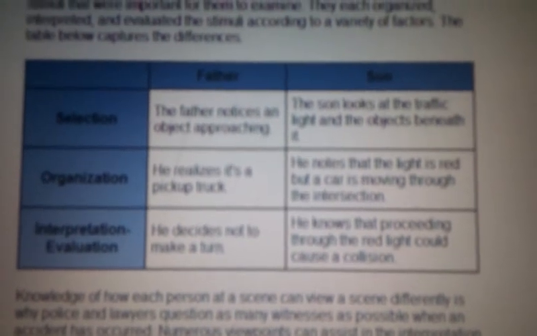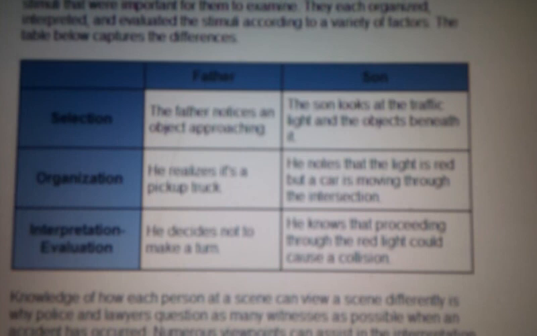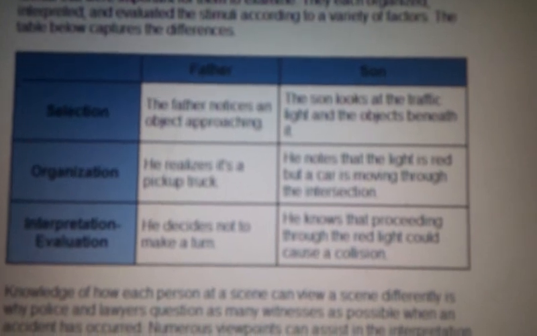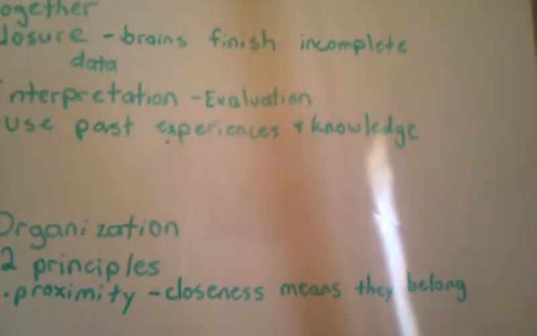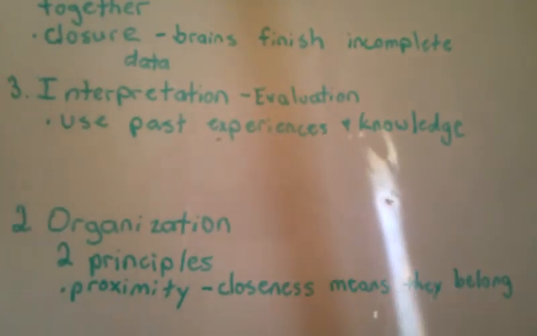Interpretation, evaluation, he knows that proceeding through the red light could cause a collision. Making a chart like this could be very beneficial in identifying the three stages, the three principles of perception.